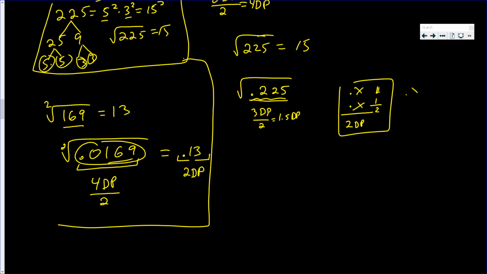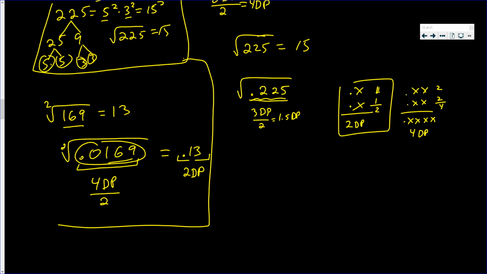Now, if I take a 2 decimal place number and I multiply it by itself, because 2 plus 2 is 4, it's going to give me a 4 decimal place number.